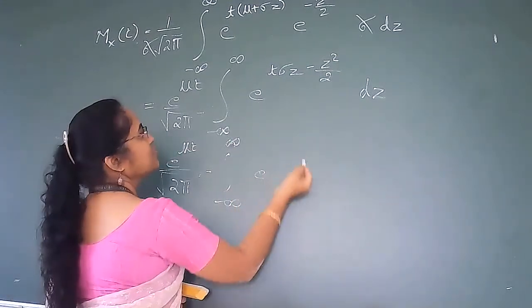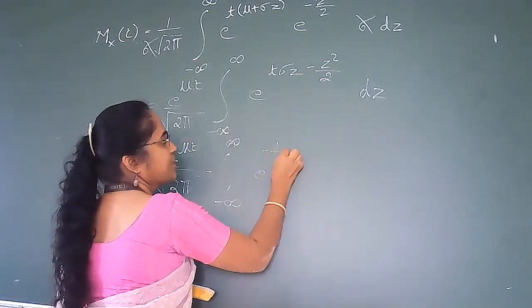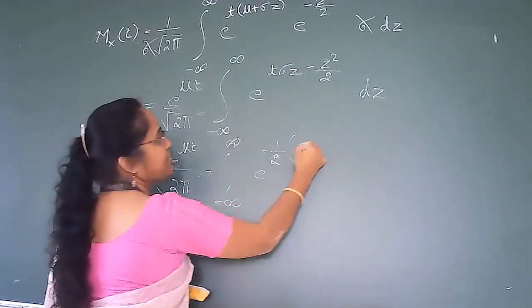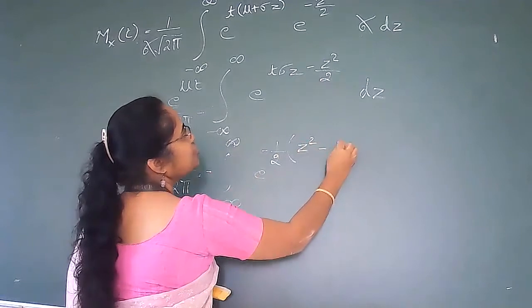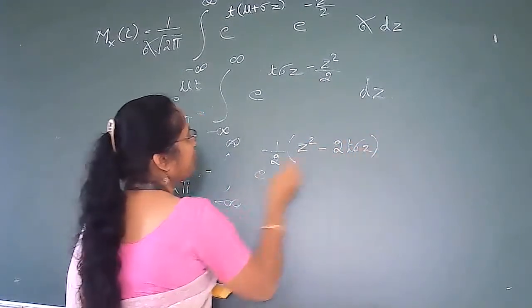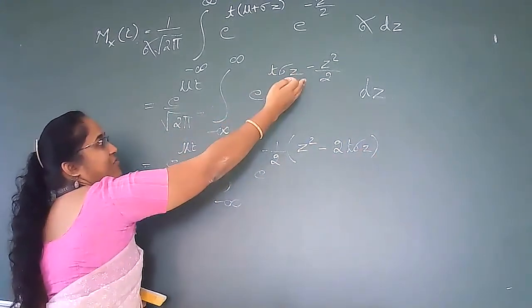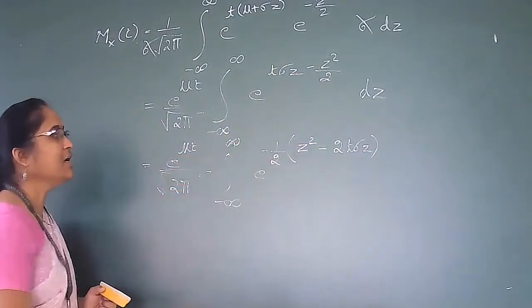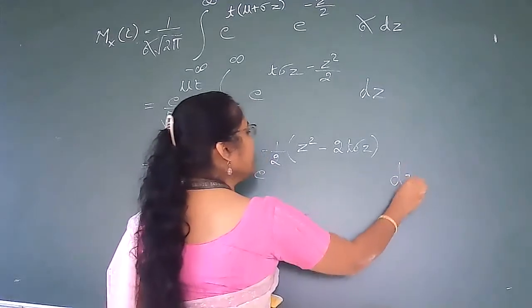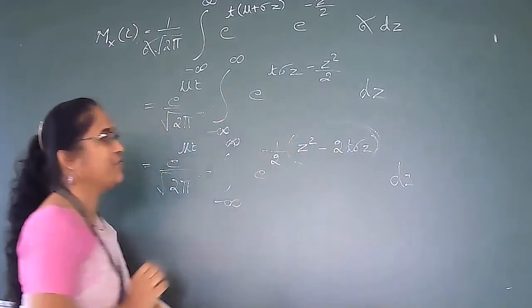So I will take this minus 1 upon 2 constant outside, e raised to minus 1 upon 2, and what remains inside is z squared minus 2 t sigma z. I hope the clarity holds out here. We have taken the minus half constant outside, and so this is the transformation that will happen in this equation.